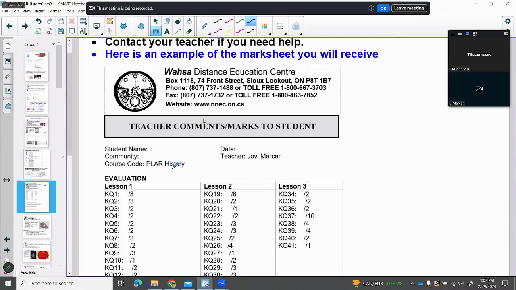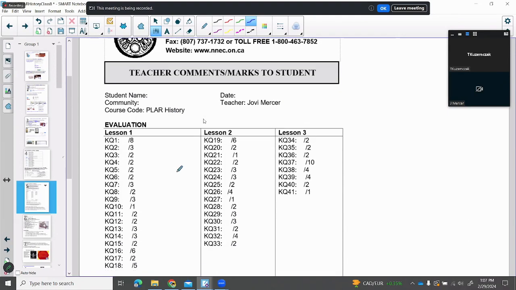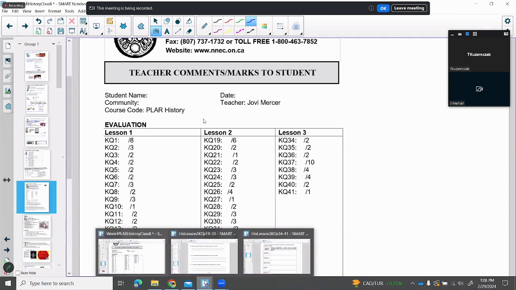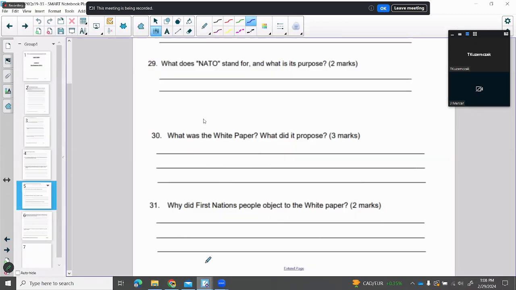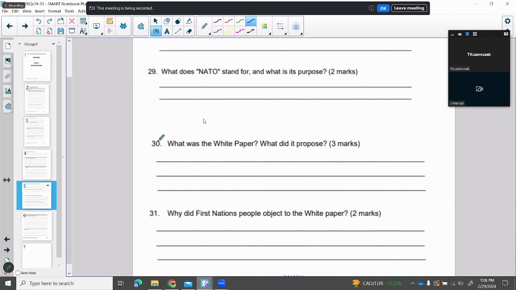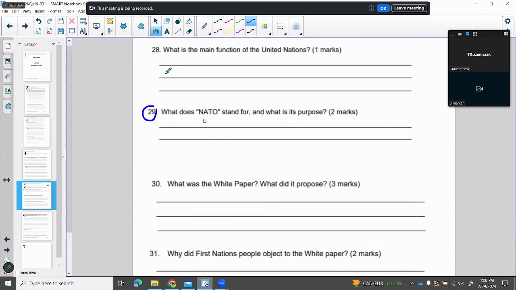From our last class, we completed up to key question 29. So we did 28, 29.